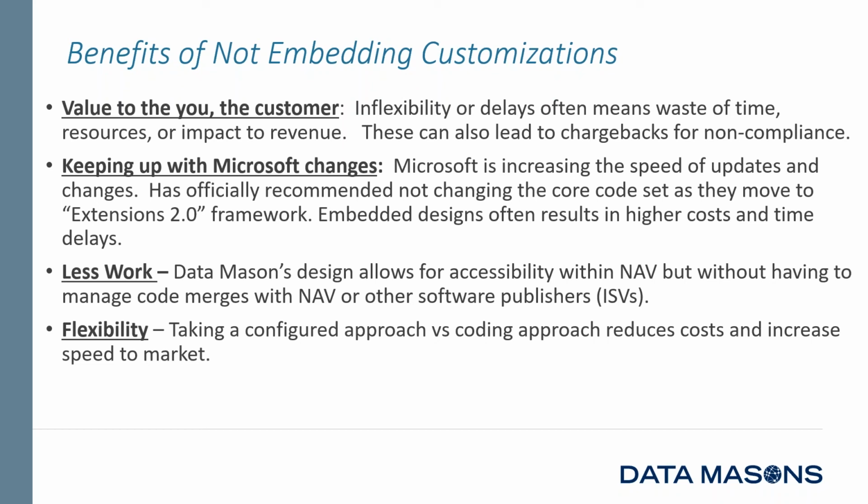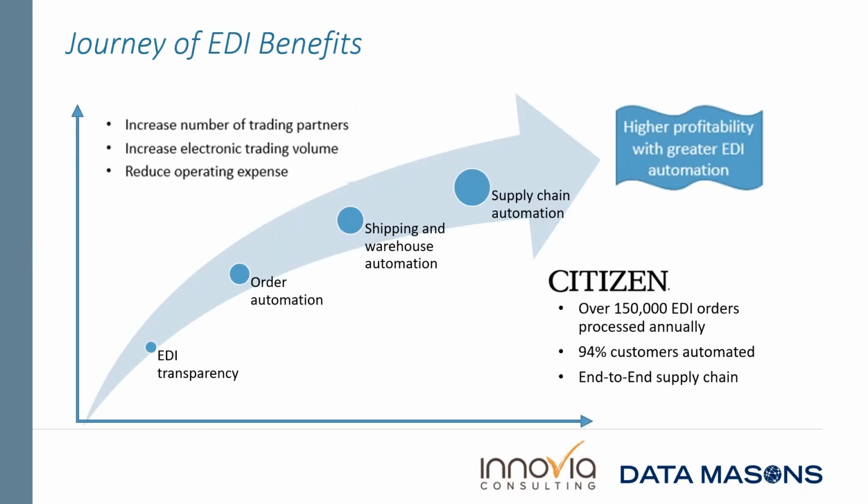But by moving over to the Data Mason solution, they were able to significantly increase the number of trading partners and the electronic volume they were working with, and most importantly, reduce their overall operating expense. For them, having visibility and being able to automate more transactions was another reason to integrate EDI, and in their case, take that non-embedded approach.